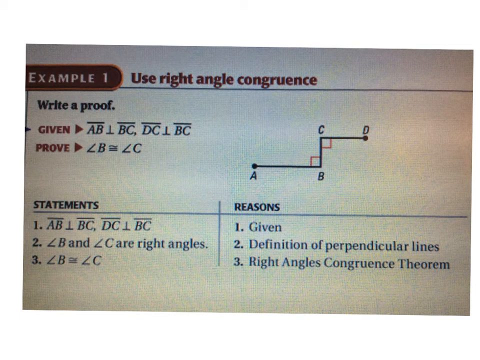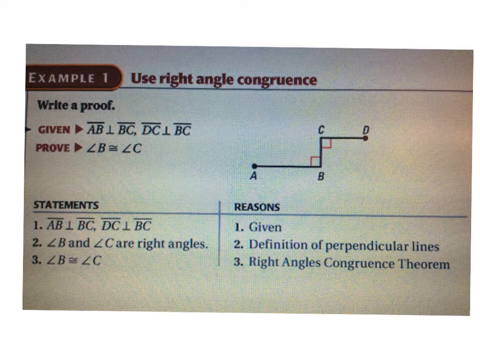Okay, so let's go ahead and do example 1 here. This one will do a good job of showing how many steps you can save using the right angles congruence theorem. So we're writing a proof again here. We have our given: line segment AB is perpendicular to line segment BC, and line segment DC is perpendicular to line segment BC.